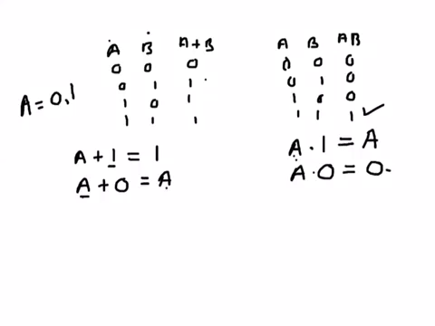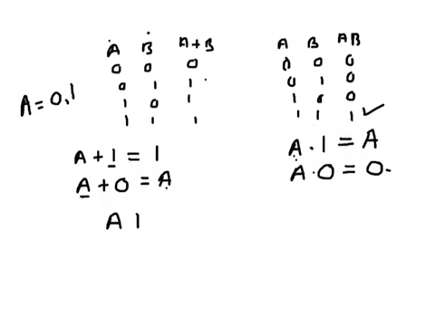Then looking at something else, all these laws have different names, but let's not go into the names, because if we just understand them conceptually, we can remember them and use them appropriately while solving a Boolean problem or even afterwards.